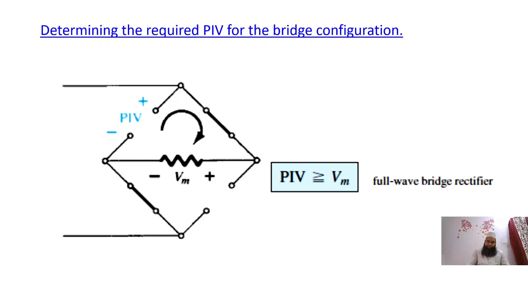And we can calculate the peak inverse voltage in this type of circuit. When this is conducting, this will be in reverse bias condition and the PIV is appearing across this diode.